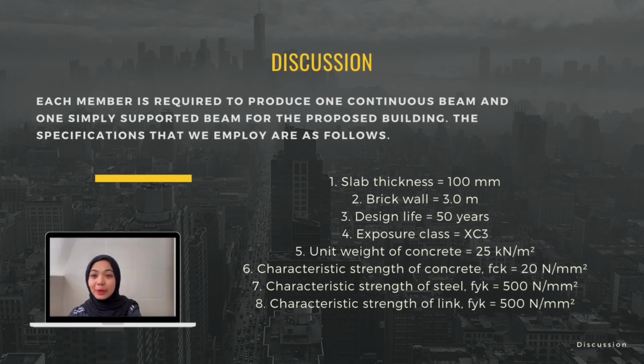Hi and Assalamualaikum, I am Malihah and I will present on the discussion. For the discussion, each member is required to produce one continuous beam and one simply supported beam from the proposed building.